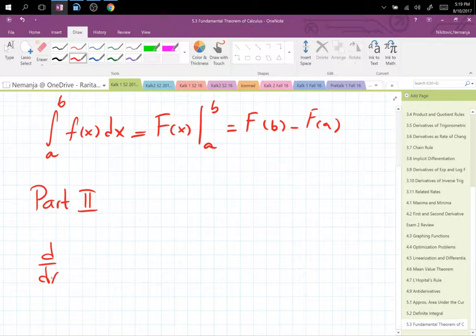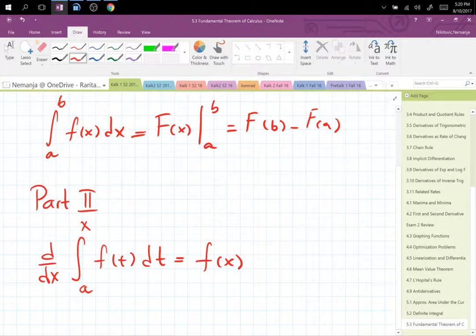The derivative of the integral from a to x of f of t dt is equal to f of x. Now this is a theoretical result. What does it say?